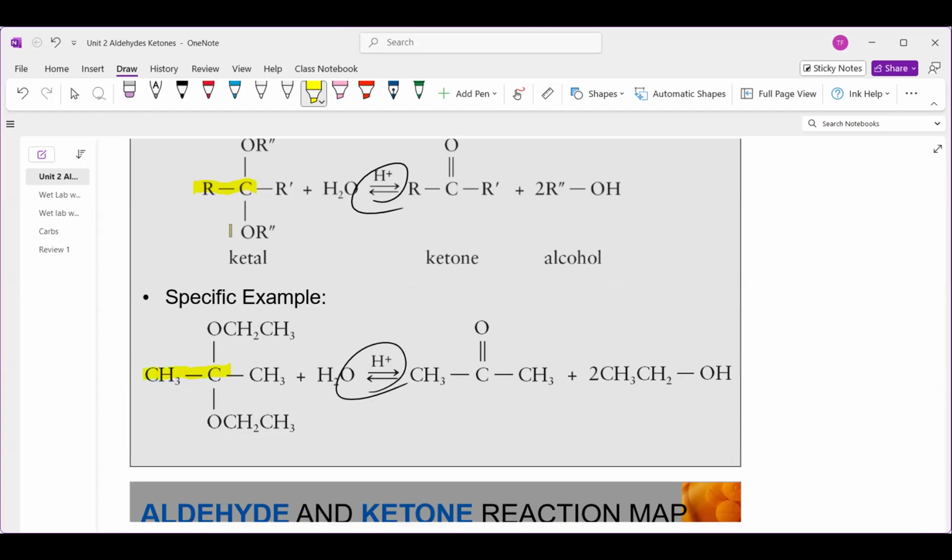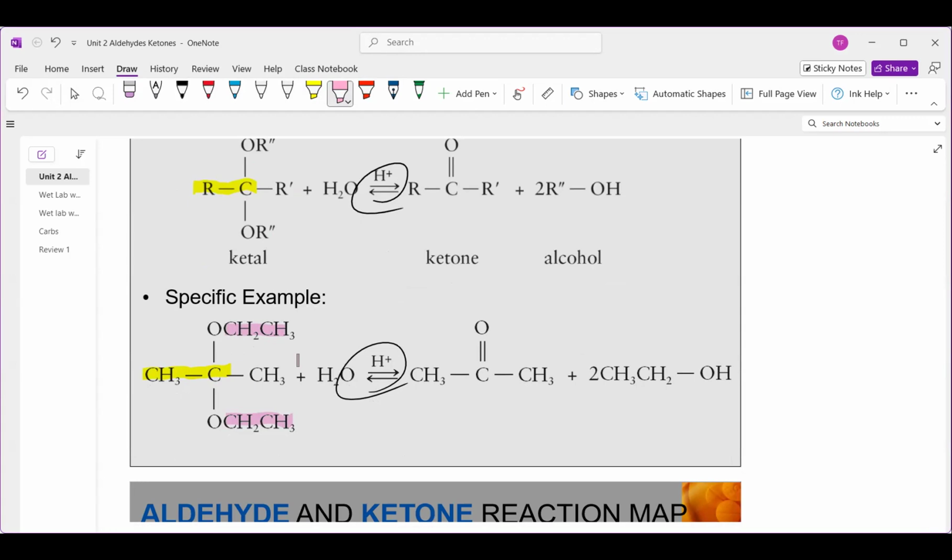Primary backbone. Secondary backbone. Okay, so this breaks down to the original parts from which it was created.